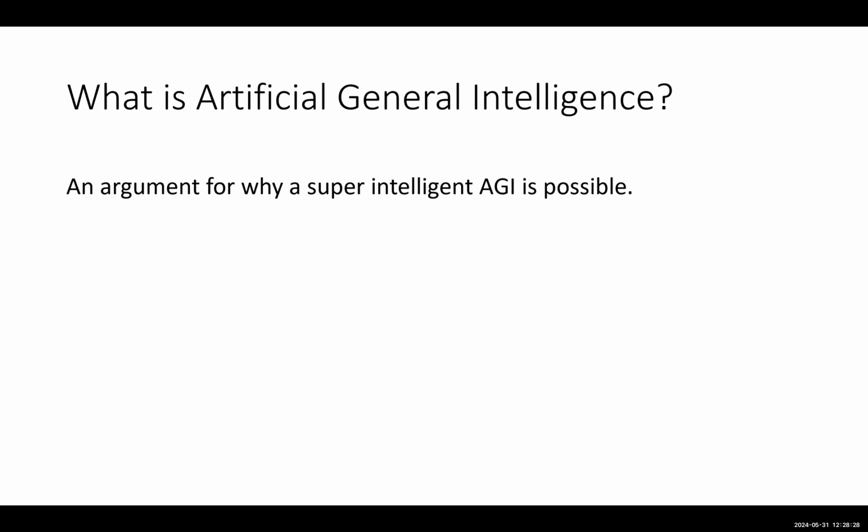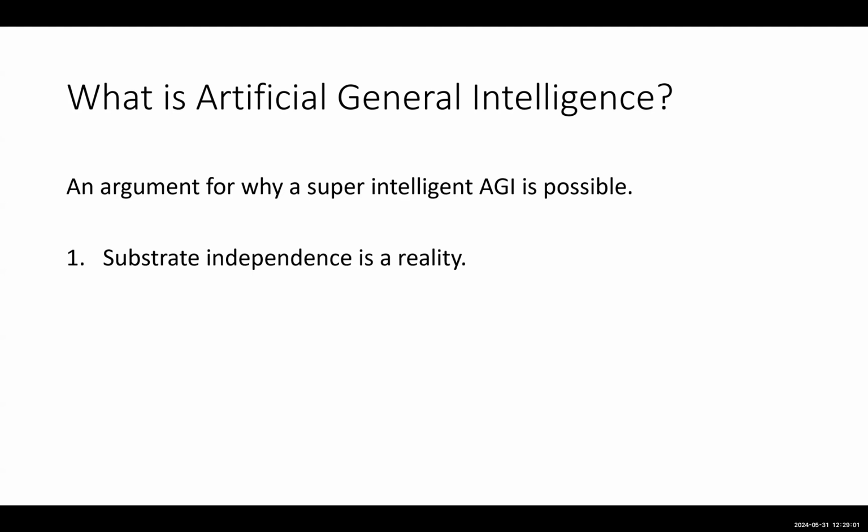Well, here's one very famous kind of argument for the possibility of a super intelligent AGI. The first premise says substrate independence is a reality. Remember, that's this idea that what we think the mind is, is just computations, these causal functional roles that are being performed in some system that's independent from its material basis or its material reality, right?